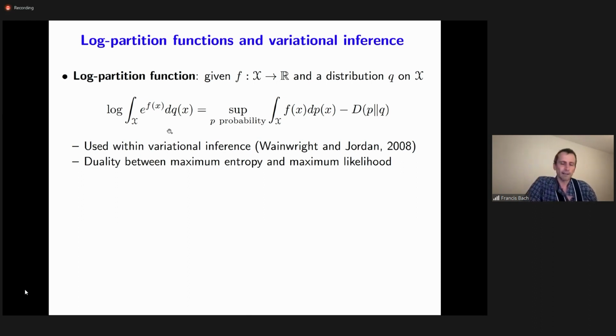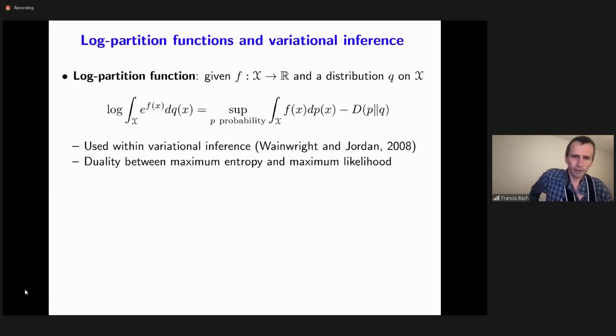Which means that if you take any function f, you look at expectations of f under p, minus the Kullback-Leibler divergence between p and q, q being a free distribution, then if you optimize over p, you obtain the log partition function, which is the log of the integral of the exponential of f of x dq of x. It's often called the normalizing constant of the Gibbs measure.